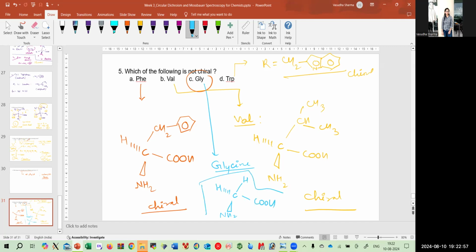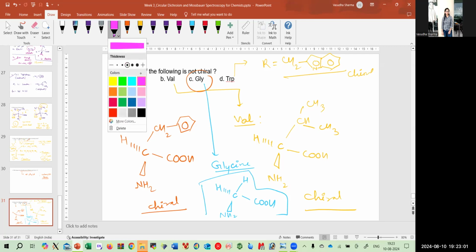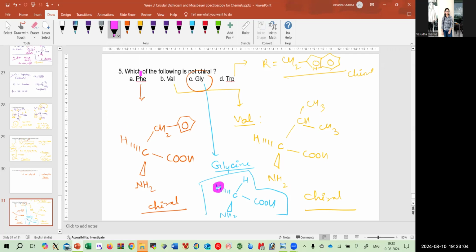So when the two groups are similar, therefore it reduces the chirality. So it is not chiral. So option C is correct.